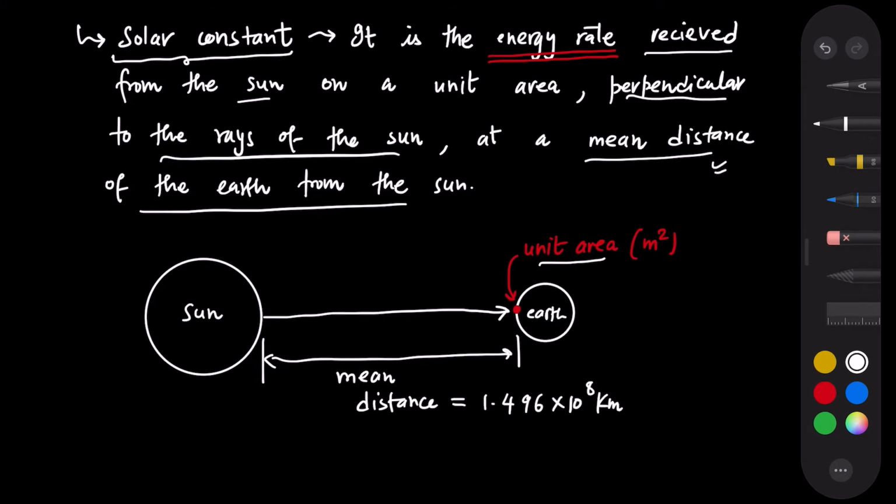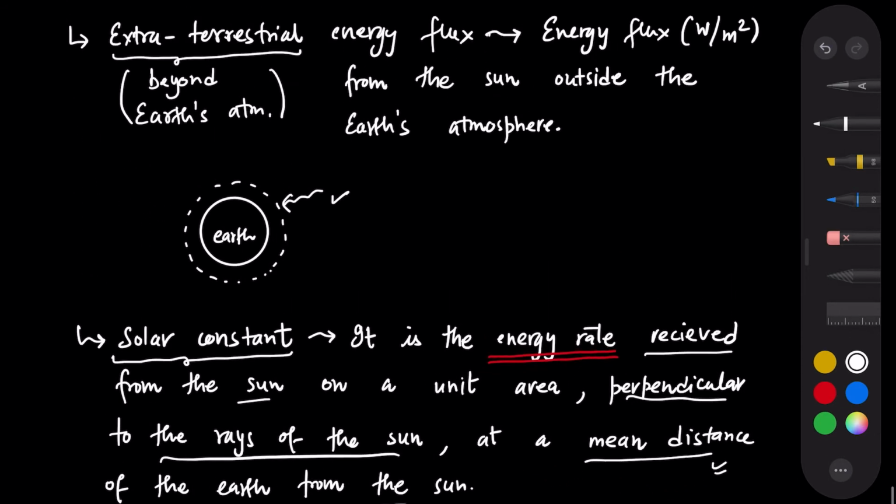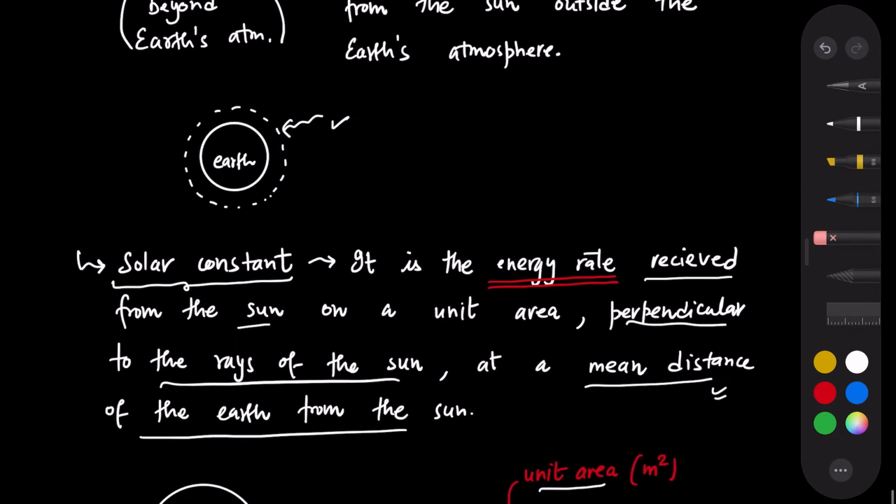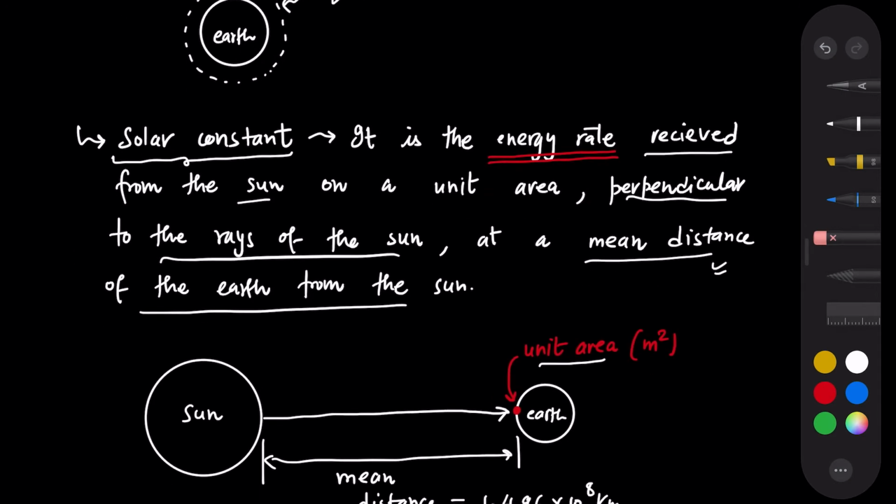Now the difference between the solar constant and extraterrestrial energy flux is that the extraterrestrial energy flux is calculated on the basis of the distance between the sun and the earth, and solar constant is calculated on the basis of the mean distance between the sun and the earth.